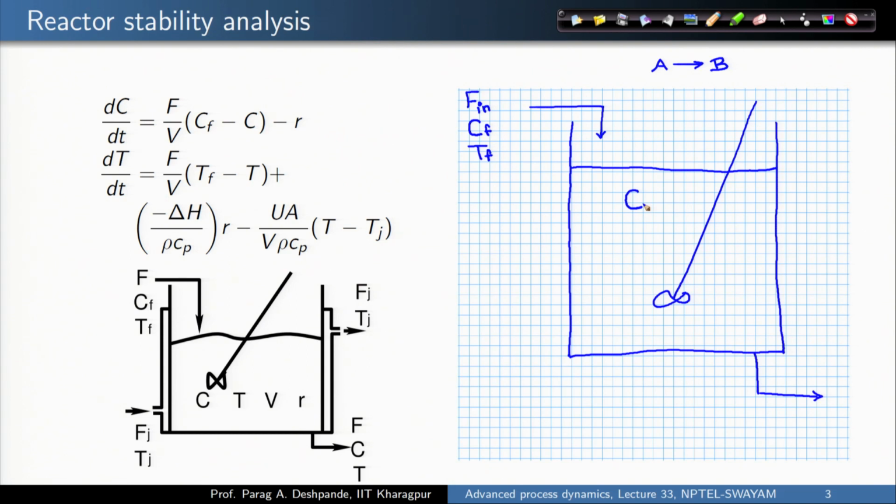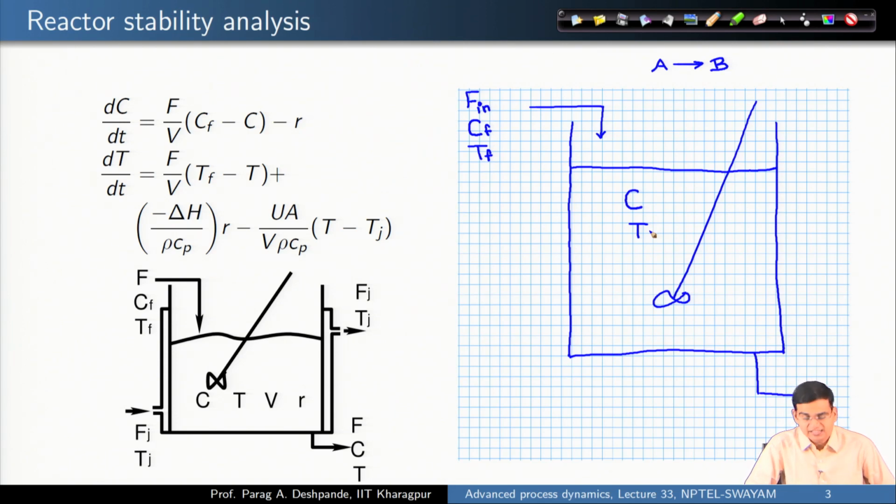There are no spatial variations inside the reactor. This is an assumption, okay, that there are no spatial variations inside the reactor, and since there are no spatial variations in concentration, the system is well mixed. You can as well assume that there is a constant temperature T inside the reactor. Okay.